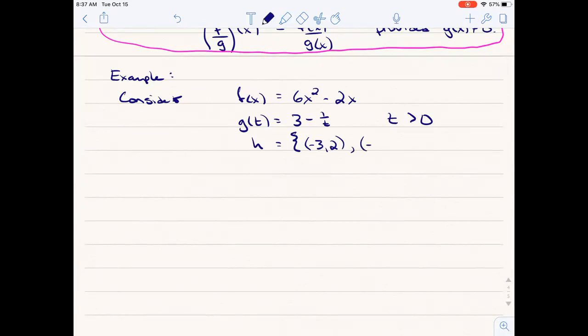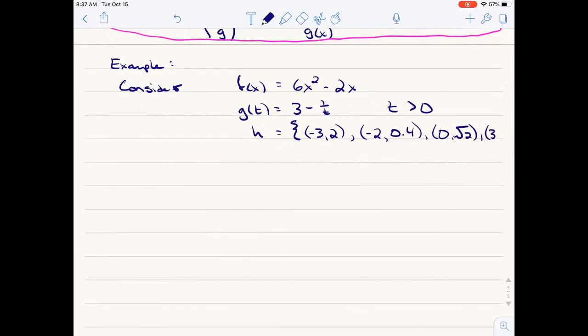When x, or whatever the independent variable, is -2, h is 0.4, 0, √2, and 3, -6. See if I can squeeze that in there.